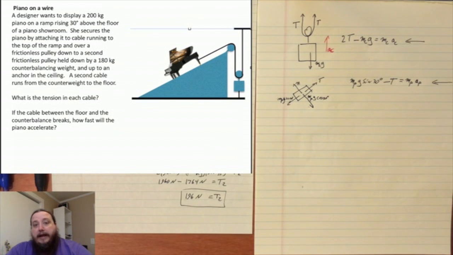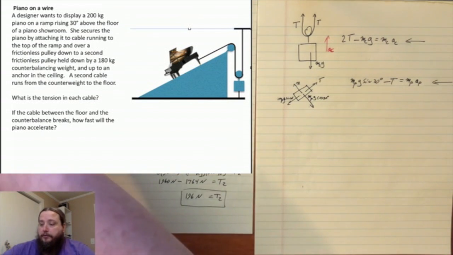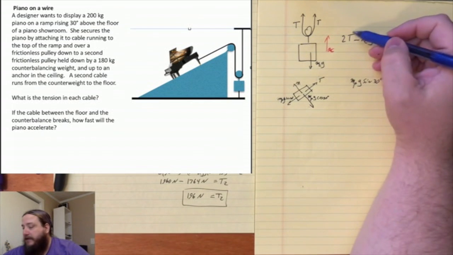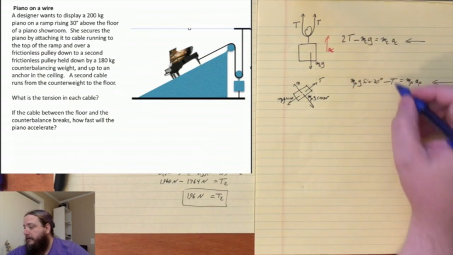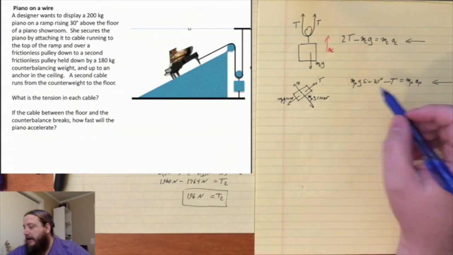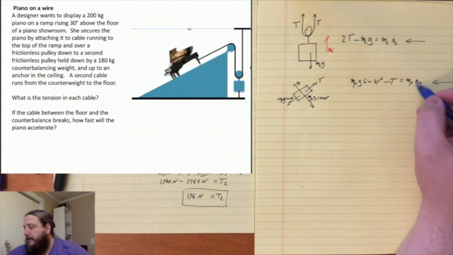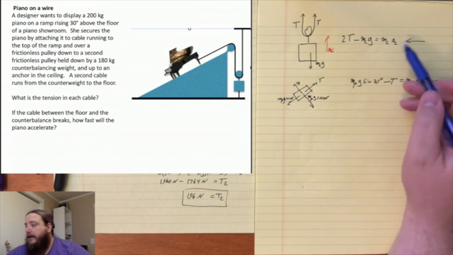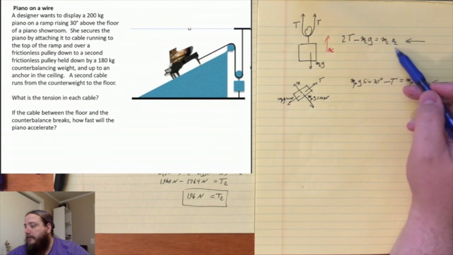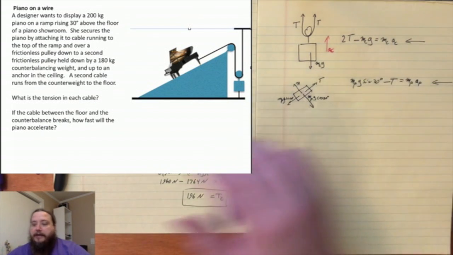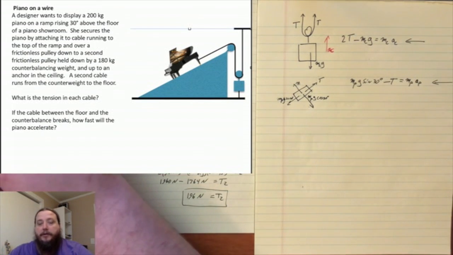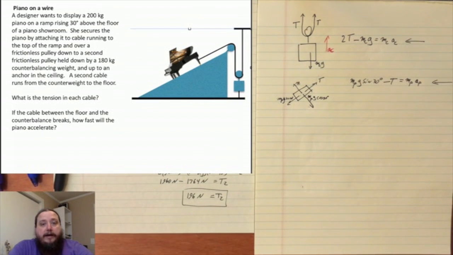And let's count up the unknowns. Well, tension, that's an unknown. And the acceleration of the piano, that's an unknown. And the acceleration of the counterweight is an unknown. And let me explain why. Because the counterweight is not going to move at the same speed as the piano.